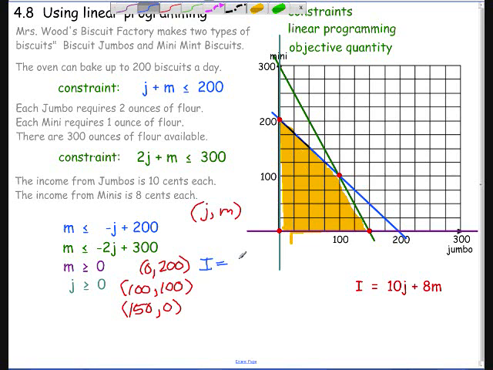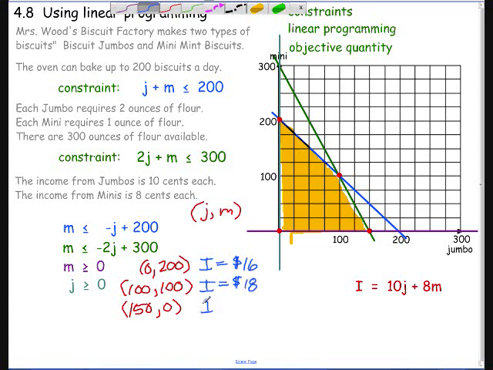1,600 pennies, or $16. Income on this one would be 100 times 10, or 1,000 pennies, plus 800 pennies, or $18.